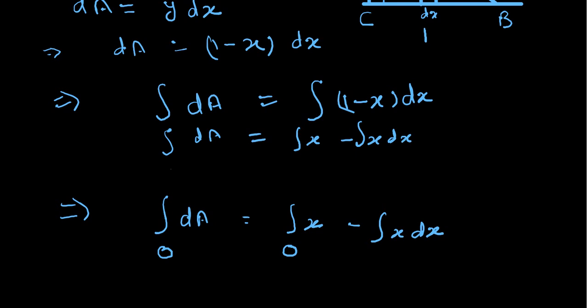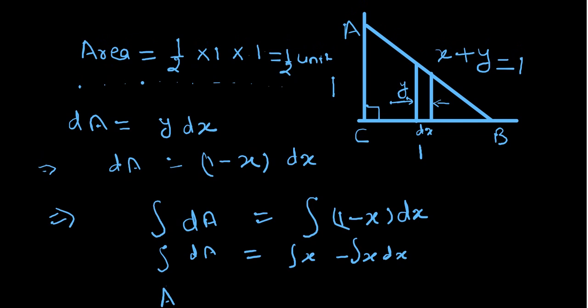Now if the area is A, then what is x? Now why are we putting x as 0 and x as 1? See, this is the point.